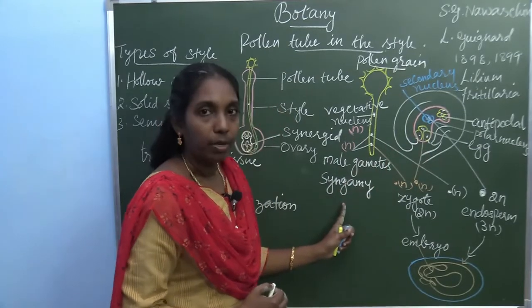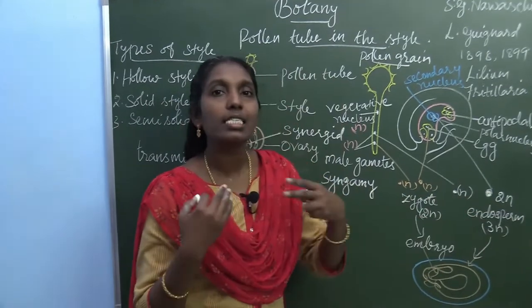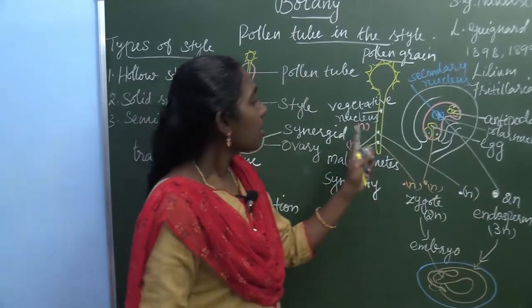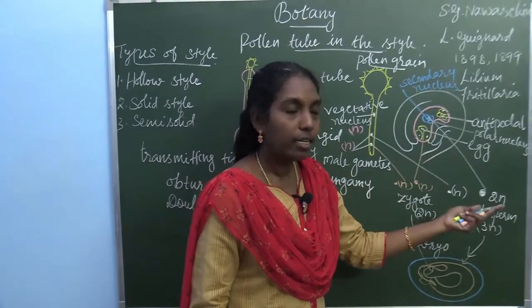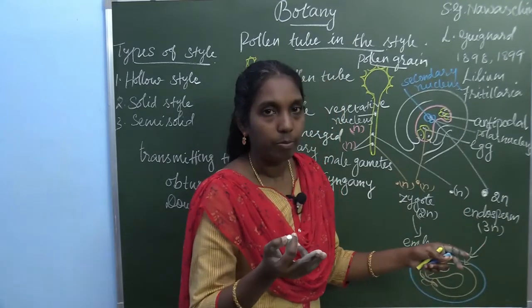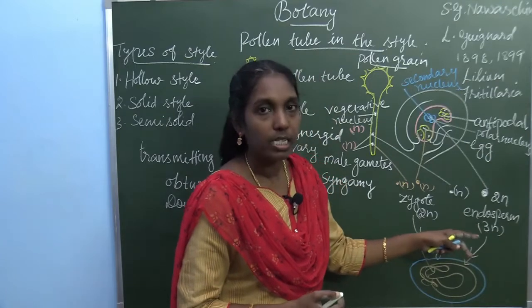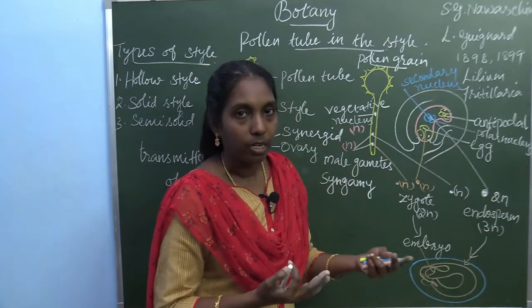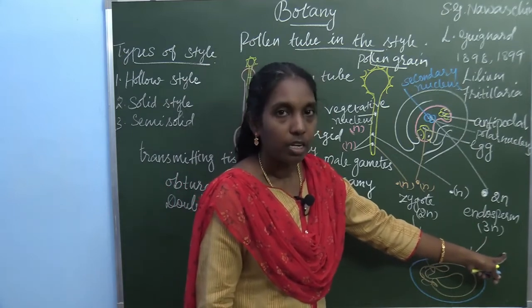That is syngamy. Then this fusion is called triple fusion because one male gamete, this N, fuses with the secondary nucleus 2N. So it becomes 3N in number. So since it involved 3 nuclei, it's called triploid.